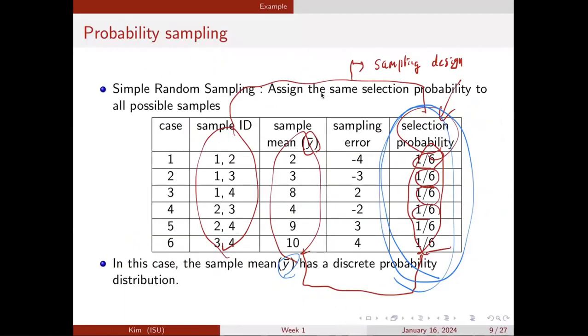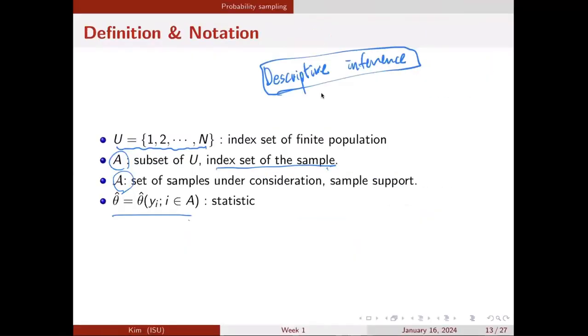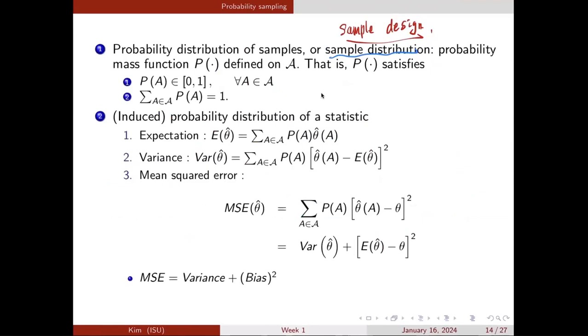We distribute all the probability equally, so that is basically the probability rule. In a finite population, we have a finite sample support, right? So then the probability rule should satisfy these two conditions, because it's basically a probability mass function.